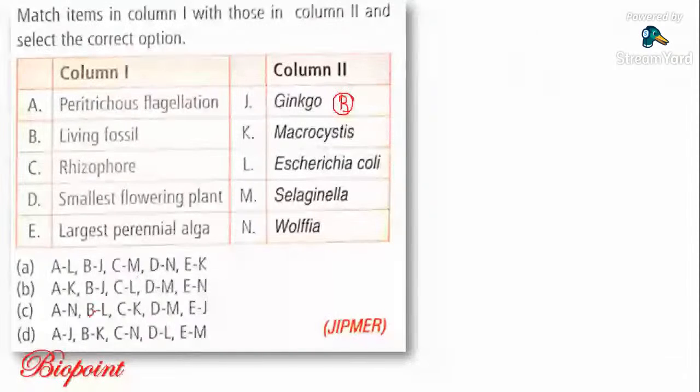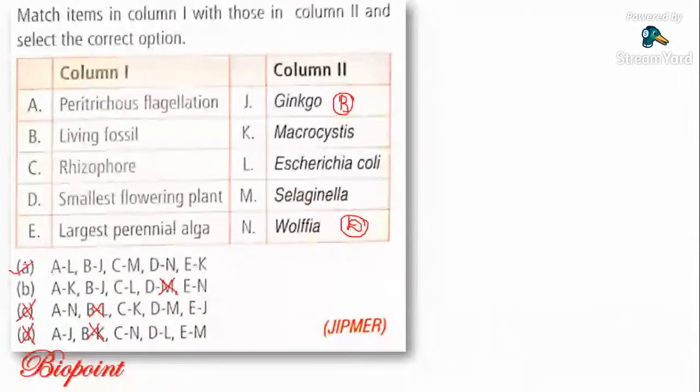These two can be the option. So you can cancel out C and D. Then smallest flowering plant, you know the answer. It is Wolfia. So mark that option. B matches with N, so this is also wrong.